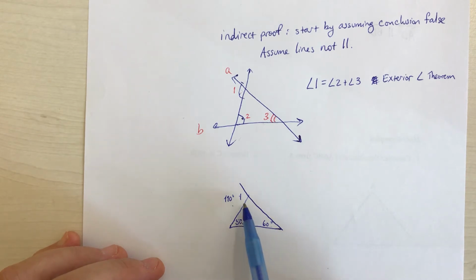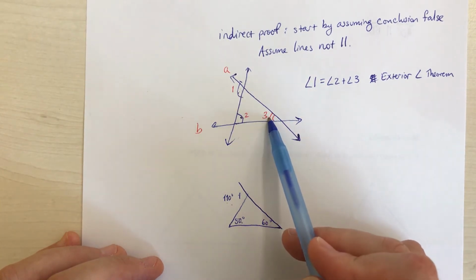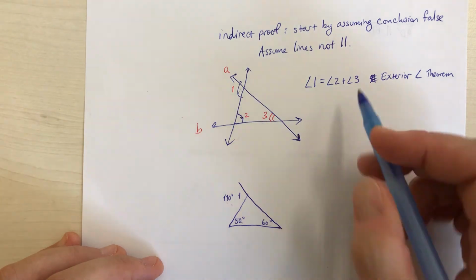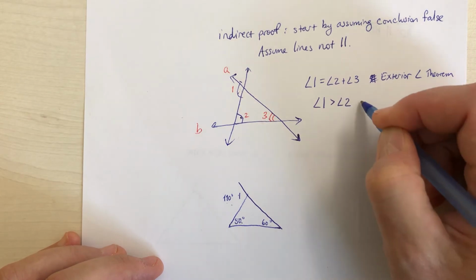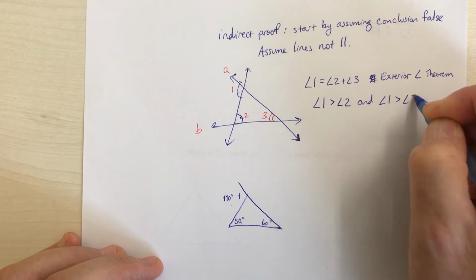If 50 plus 60 is 110, we know that 110 is bigger than 50. We know that 110 is bigger than 60. So in other words, we don't know the numbers, but coming back to this picture, if angle 2 plus angle 3 is equal to angle 1, then that means that angle 1 has to be bigger than angle 2, and angle 1 has to be greater than angle 3.